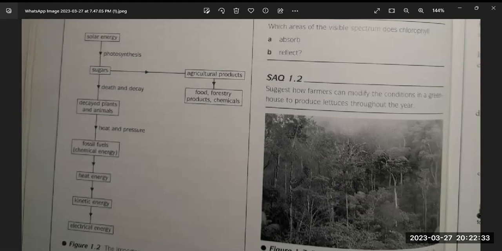Of course, your agricultural crops, creating food, forestry products, chemicals. When you talk about forestry products, what are you talking about there? Like the furniture and so forth. Mm-hmm. And of course, from these forestry plants, trees, etc., or medicine and dye and so forth.